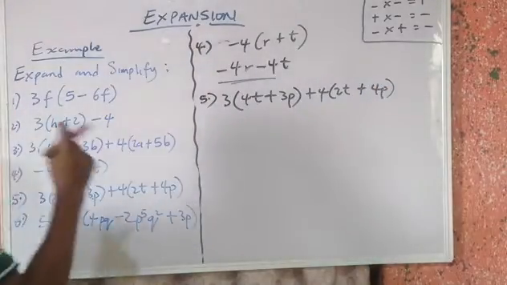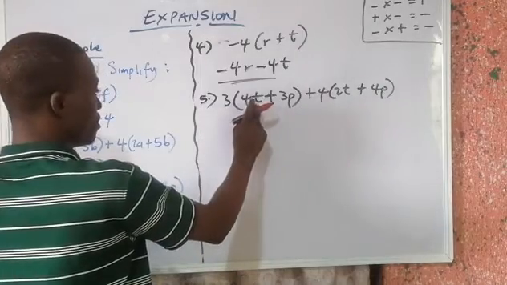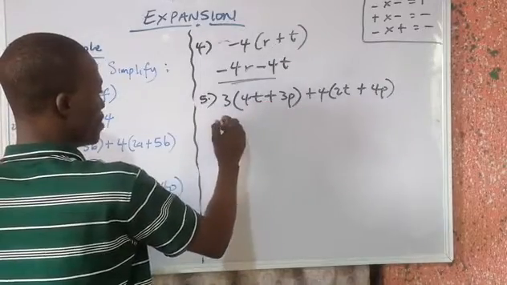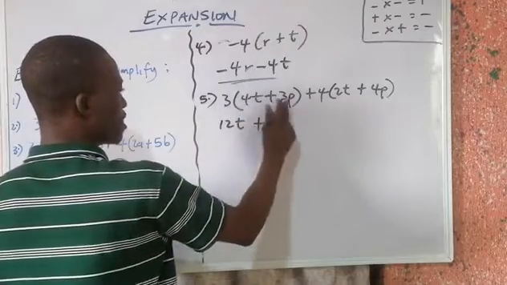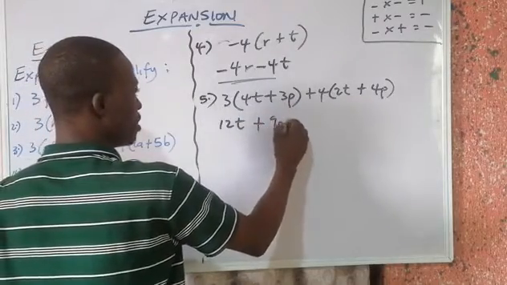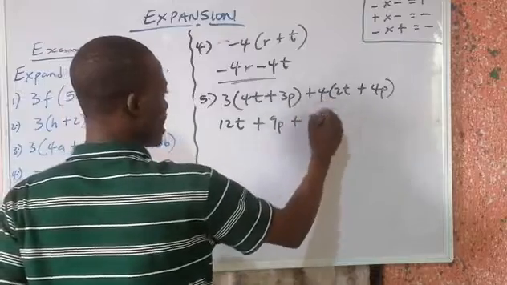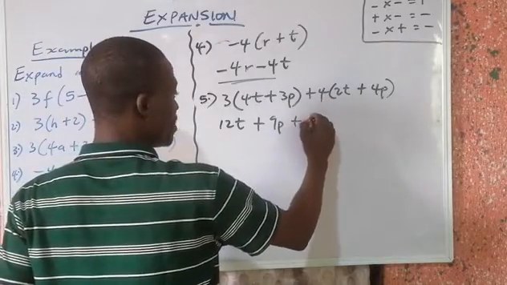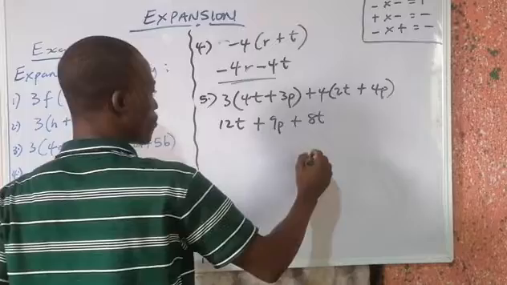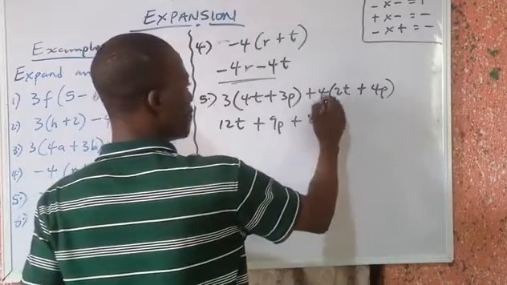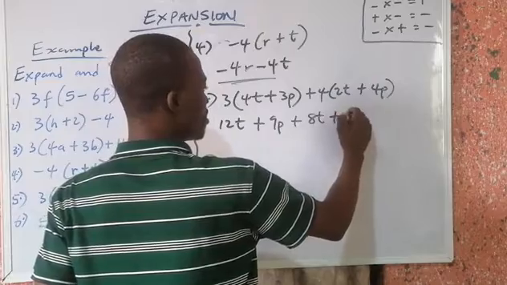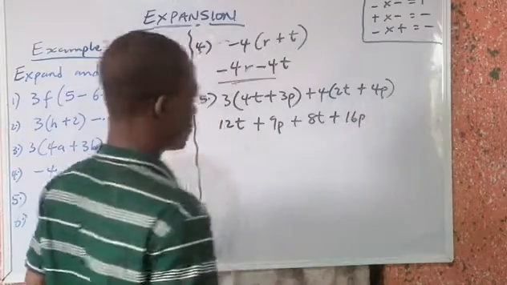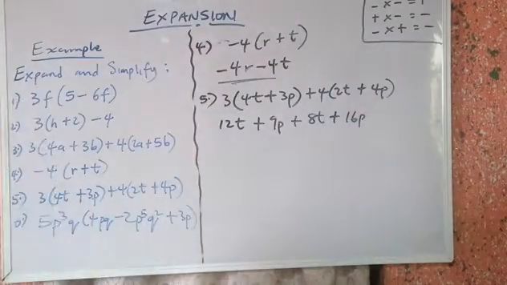So let's begin. 3 times 4t will give me 12t, plus 3 times 3p will give me 9p, plus 4 times 2t will give me 8t, okay, and 4 times 4p will give me plus 16p. So that's what I will have there.